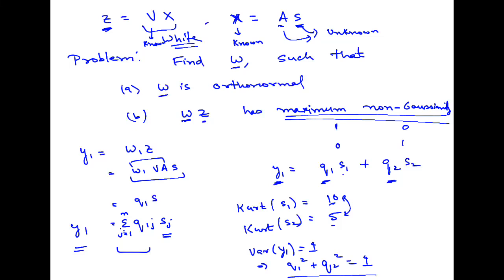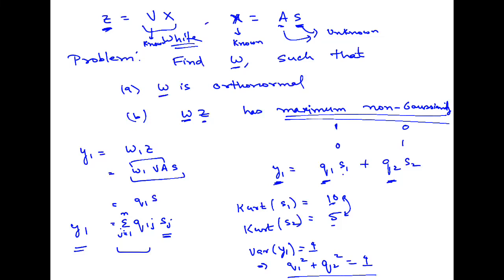What I was saying is that if there are y1 to yn, and each one is a summation of qi si, one si will be the maximum of all. So the way you do that is you first find W1, subject to these constraints, such that your non-Gaussianity is maximum. This will give you, in this particular case, S1.